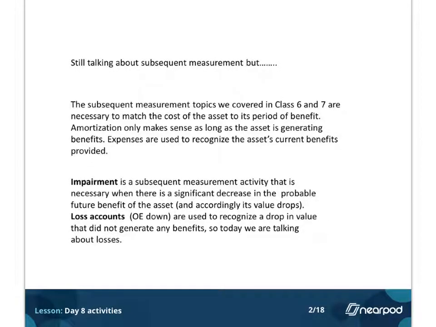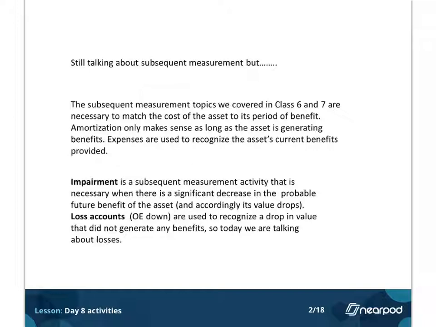So that's just the normal use of an asset. We're matching the cost to the period of benefit. The impairment situation is necessary when something happens that results in a significant decline in that probable future benefit. Something has happened that made that asset lose value such that we're not going to recover future benefit from it like we had originally planned.